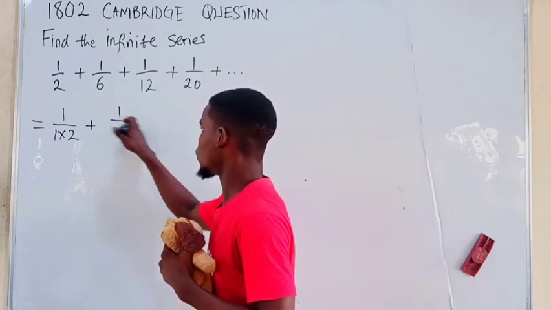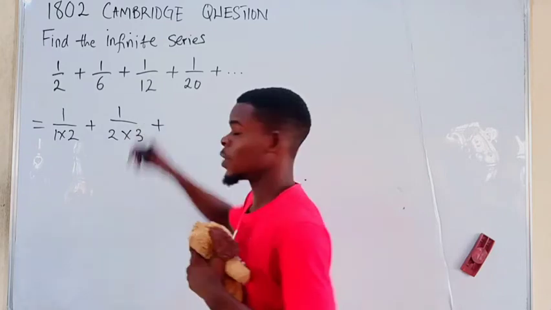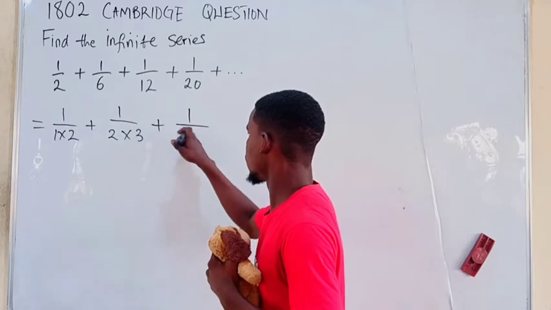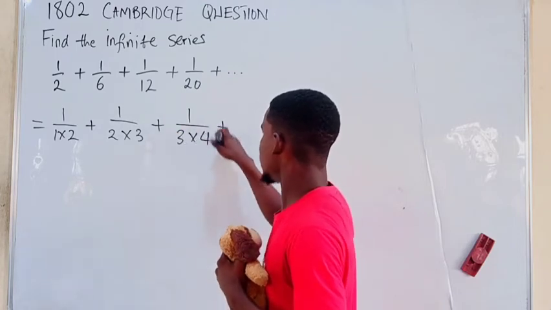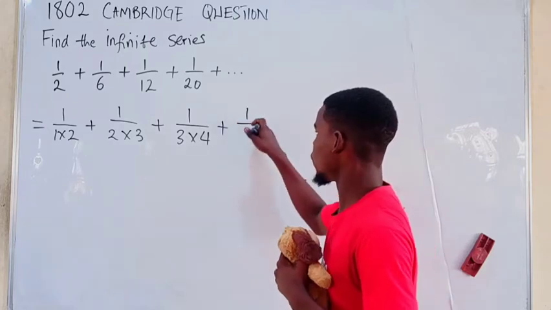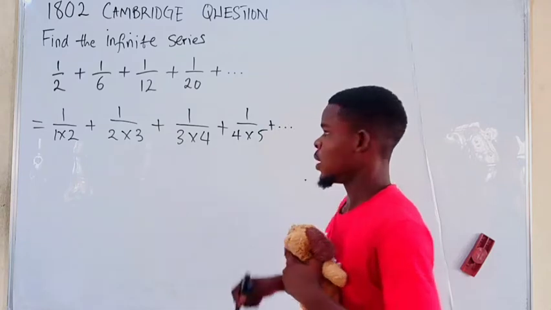So we have this to be 1 over 2 times 3. And then again, 12 is the same thing as 3 times 4. So that will be 1 over 3 times 4. And lastly, which is not the end of the series anyway, this is going to be 1 over 4 times 5. And then we continue like that.